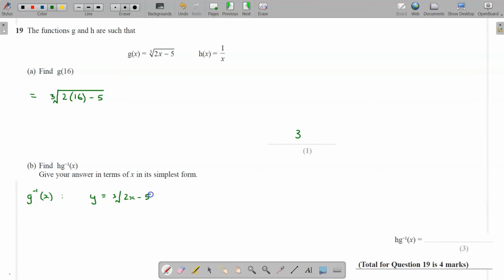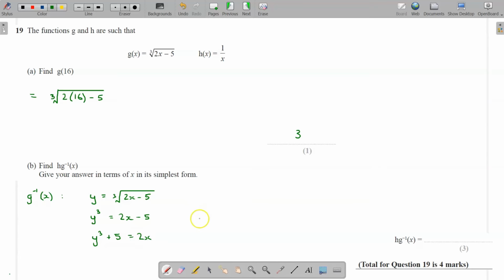And we're going to rearrange it to make x the subject of the formula. So the first step is to cube both sides. So y cubed must be 2x minus 5.